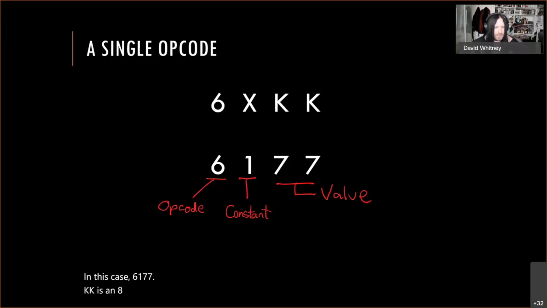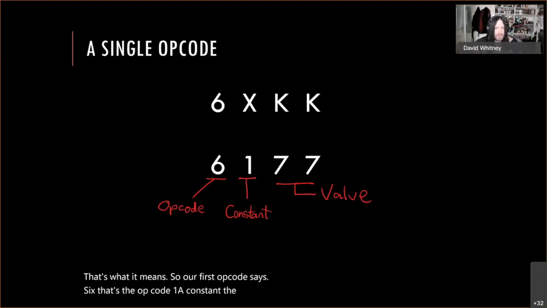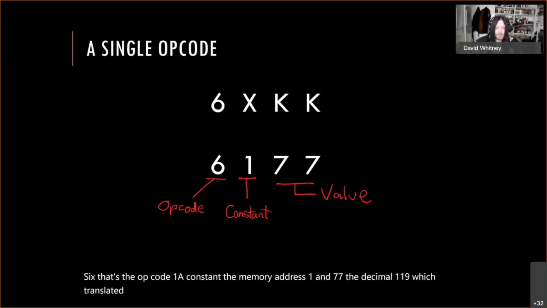It is literally the hexadecimal value 77, so it's the number 119. So our first opcode says 6, that's the opcode, 1, the memory address 1, and 77, the decimal number 119, which translated into English says, put the hexadecimal number 77 into memory location 1.